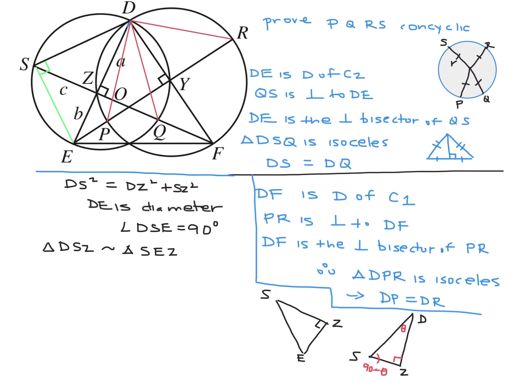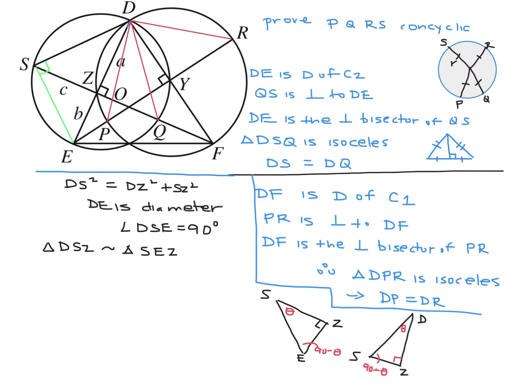Well, if that's a right angle, then this angle will be 90 minus theta. So let's just put that in there. This is 90 minus theta, and therefore this will be theta. So as you can see, those two triangles are indeed similar since they have the same angles.